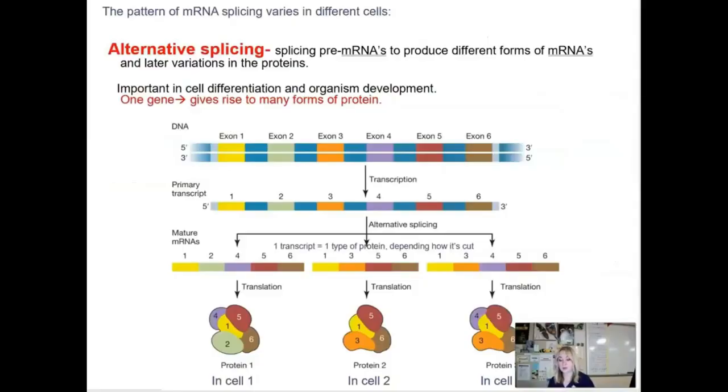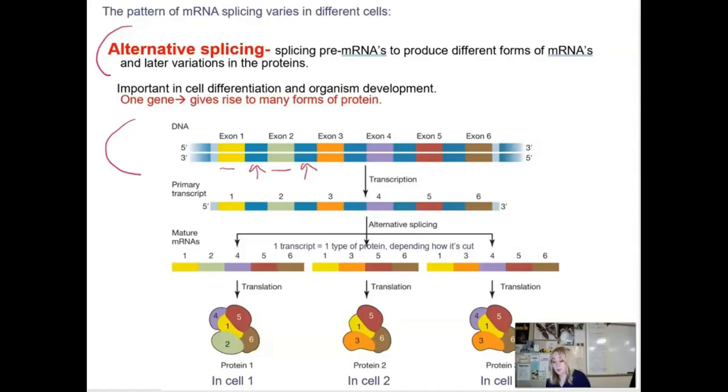So the pattern in which mRNA is being spliced in cells is going to vary. We call this phenomenon alternative splicing. So suppose you have a gene, and you can see this gene will have coding regions, non-coding regions, coding regions, non-coding regions, exons, introns.